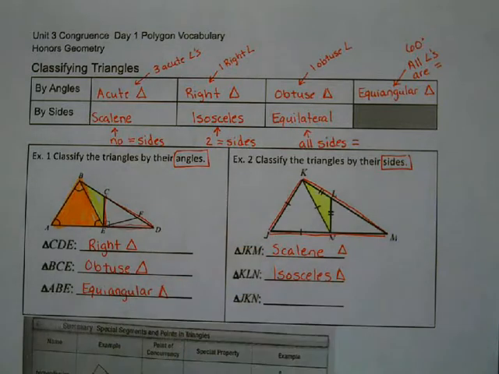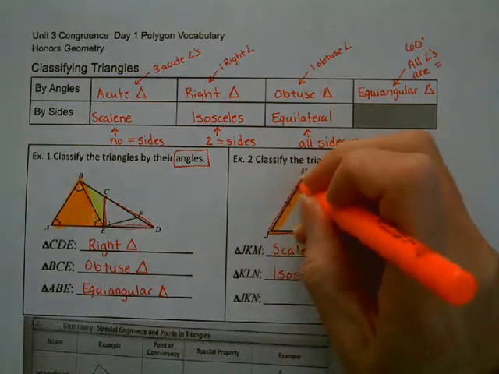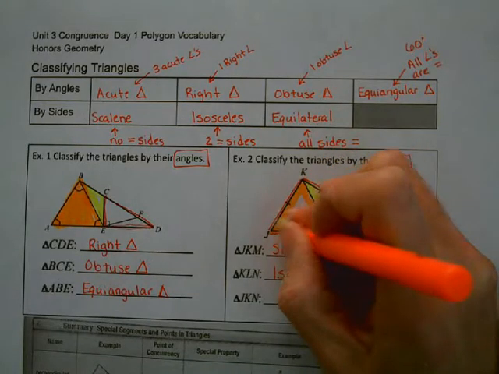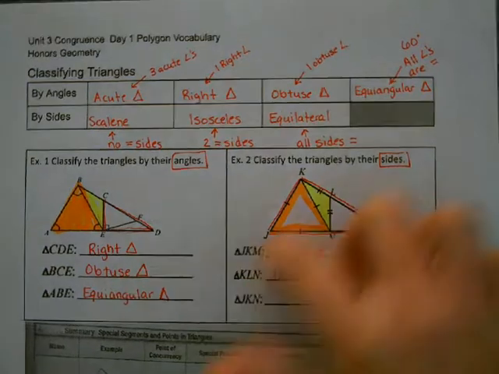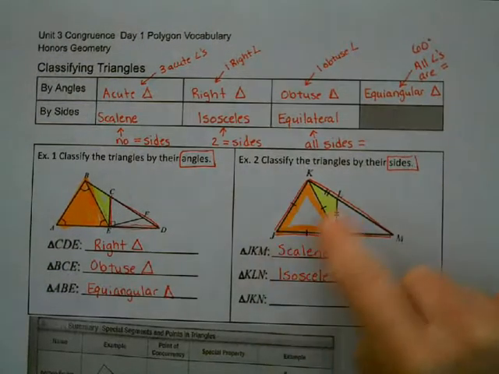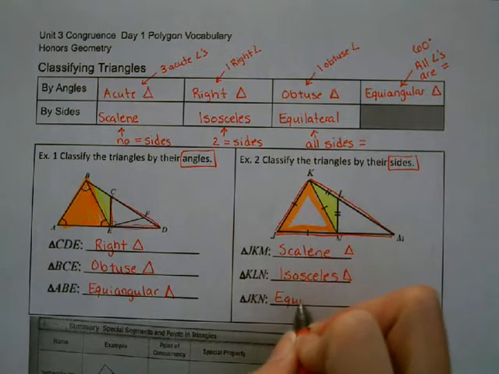I just don't feel like writing out the word triangle, so a lot of times I just put the triangle symbol. And the last one, JKN. That is this one here. You'll notice these have three little marks that are all the same, so we're going to call that equilateral.